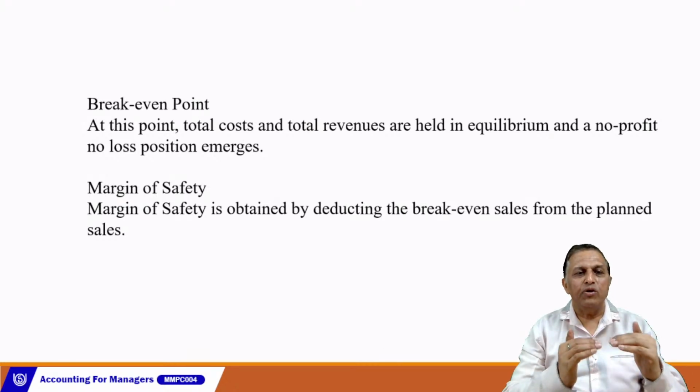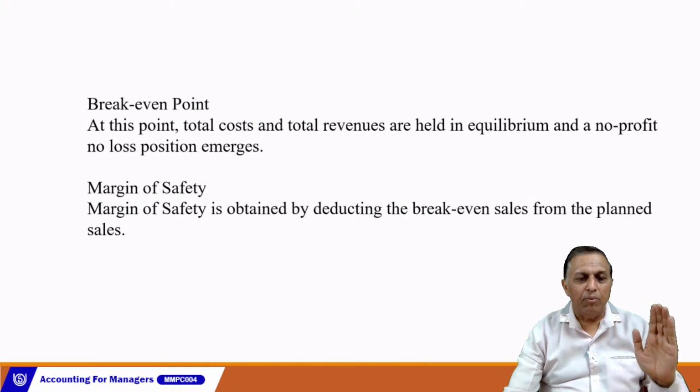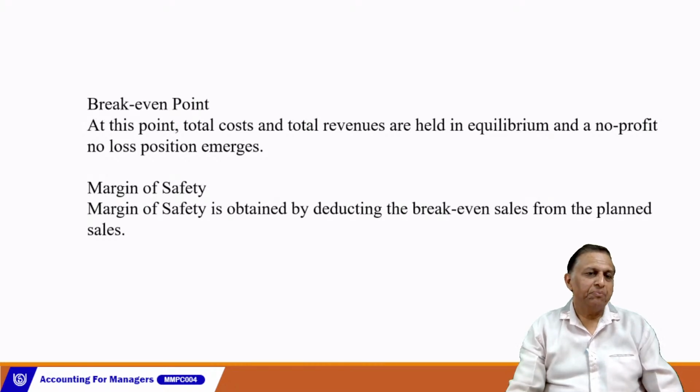So the break-even point is the safest place for a business to think about monitoring the cost of output. Once we get to know this position and implement it, we reach the margin of safety.